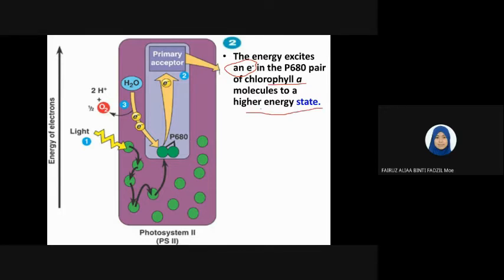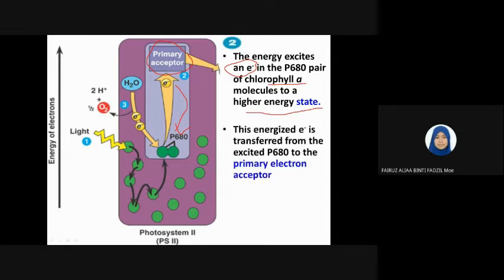But for this one, the electron is not immediately dropped back. Why? Because the electron is accepted by the primary electron acceptor. For step 2, supposedly the electron will fall back just like the others, but that's not the case for this one. The electron is raised to the excited state, but it is then accepted by the primary electron acceptor.